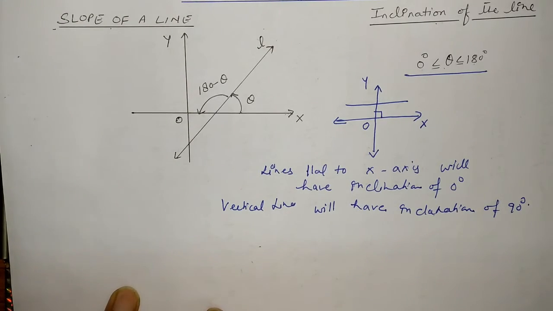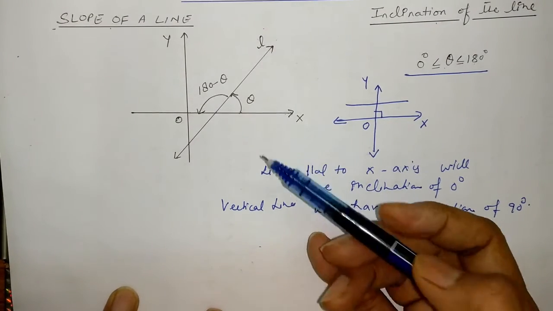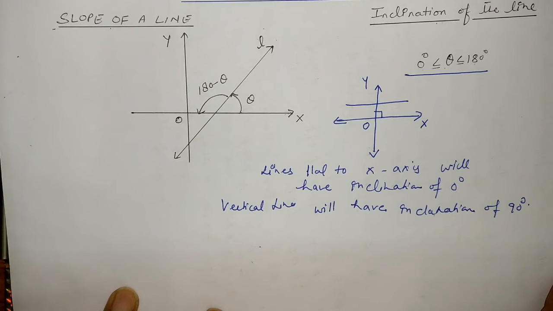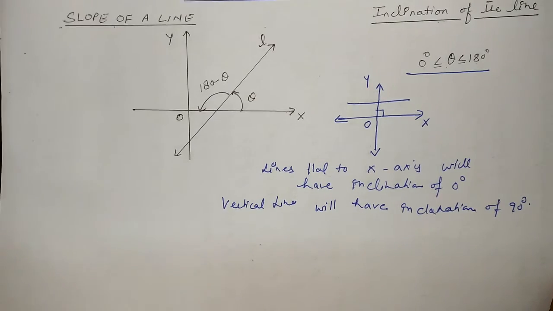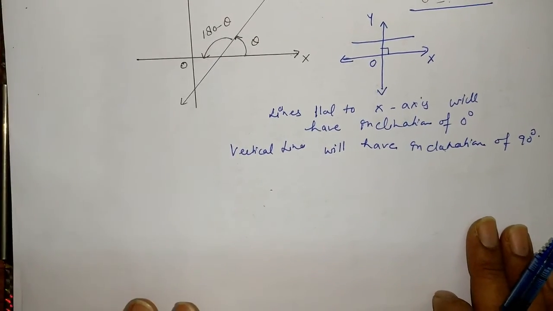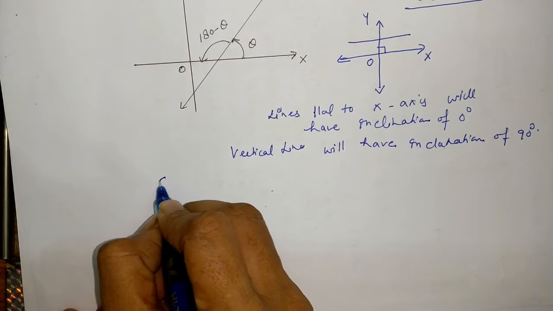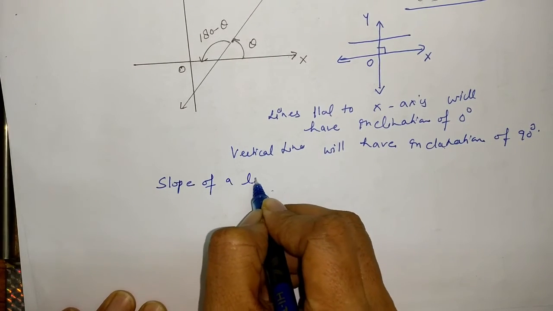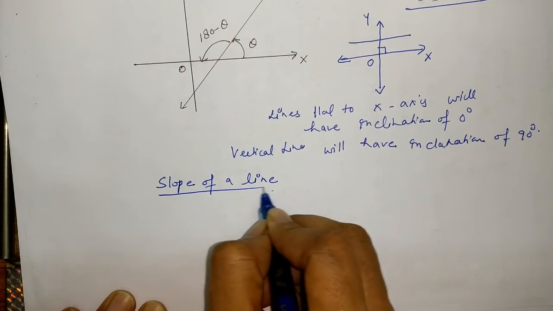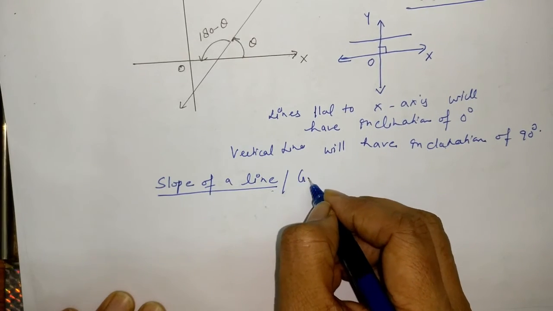Now, since we have understood the angle of inclination, we can continue with the slope. If theta is the inclination of a line, then tangent of theta is called the slope of a line. At times, slope is also defined as the gradient.